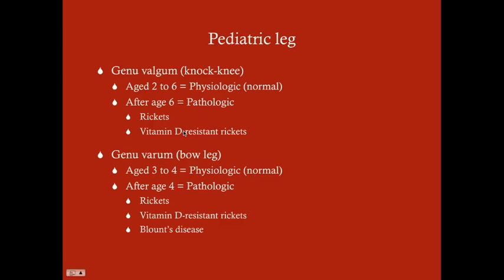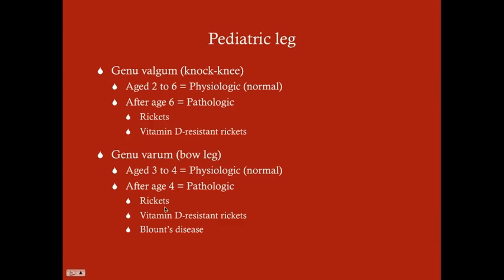Now, if the patient was pathologic, so if this was a 5-year-old patient, for instance, then your next step would be to get an x-ray, and what you would be doing is looking for osteomalacia. And osteomalacia would be sort of a darkness in the bones that indicates that there's less calcification inside the bones, and that would be indicative of rickets or vitamin D resistant rickets.